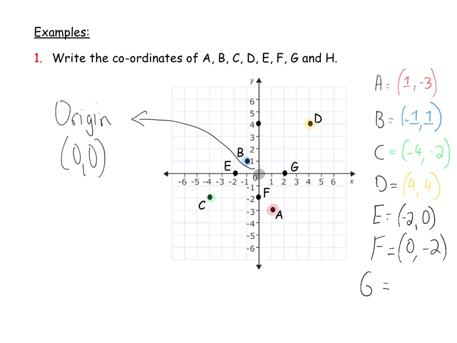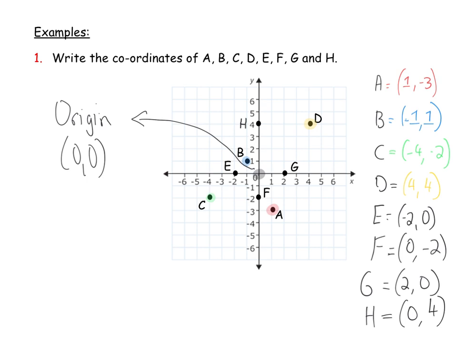G, we have gone along the road 2, and we haven't gone up or down, so it's 0. And then the final one we have is H, and for H we haven't gone along the road, so that stays as 0, but we have gone up 4, so we put that in as 4. That's how we write the coordinates, taking them from a coordinate plane.